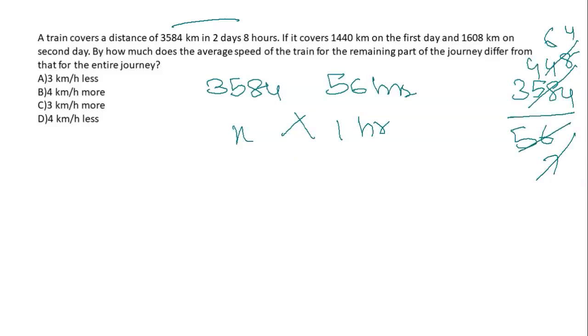So 64 kilometers per hour is the average speed.